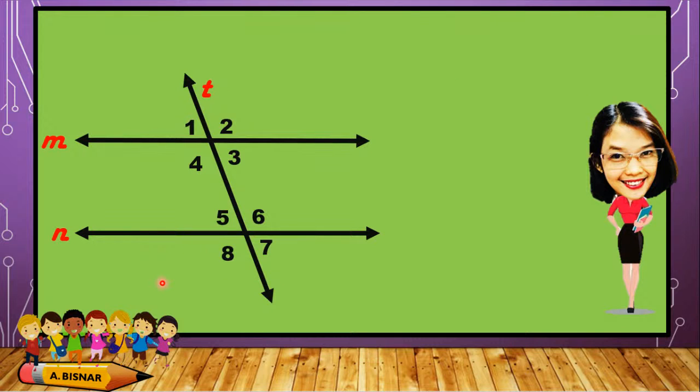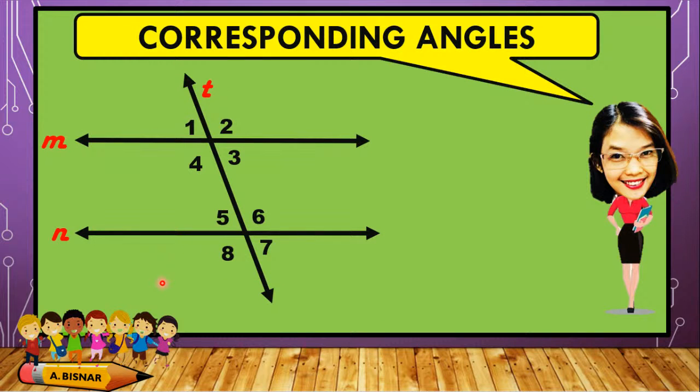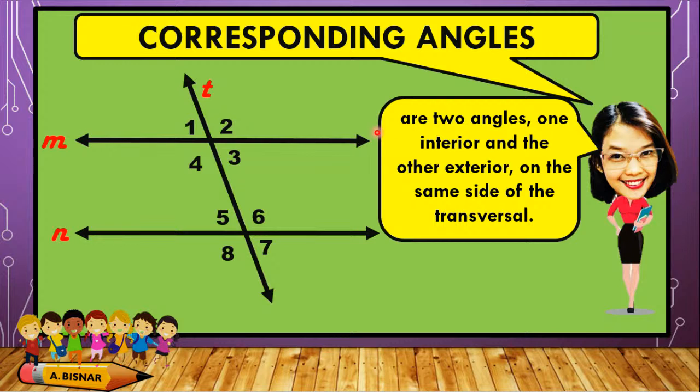How about with this one? Corresponding angles. So, from the definition, these are the two angles, one interior and the other is on the exterior. And they are on the same side of the transversal.